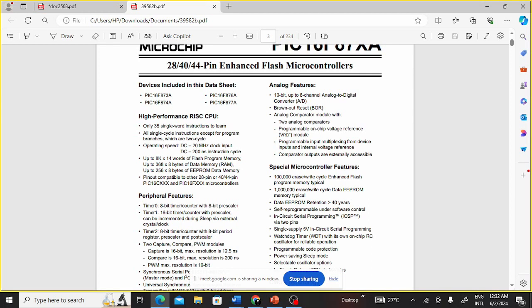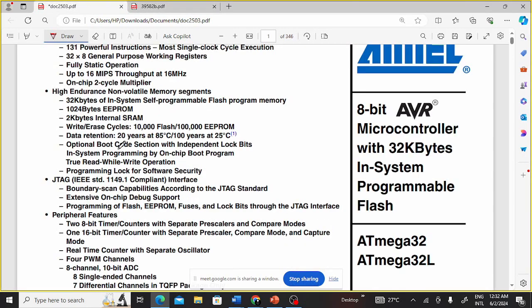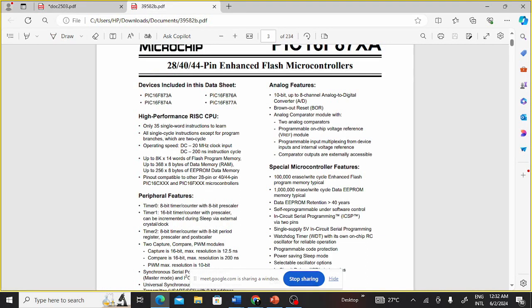So you can also see the EEPROM. The EEPROM is 256 bytes. While the EEPROM of this one is, of course, 1024, about 1 kilobyte. So ATMEGA is better in memory but lower speed, while PIC is better in speed but lower memory.